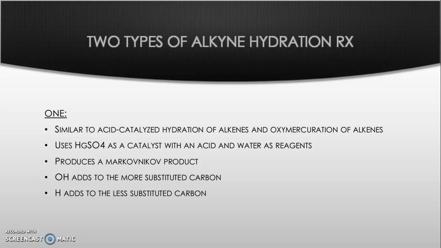So the reagents, in this one we use HgSO4 as a catalyst with an acid, always H2SO4 and water as reagents. This produces a Markovnikov product where OH, the alcohol group, is going to add to the more substituted carbon, and the hydrogen is going to add to the less substituted carbon.